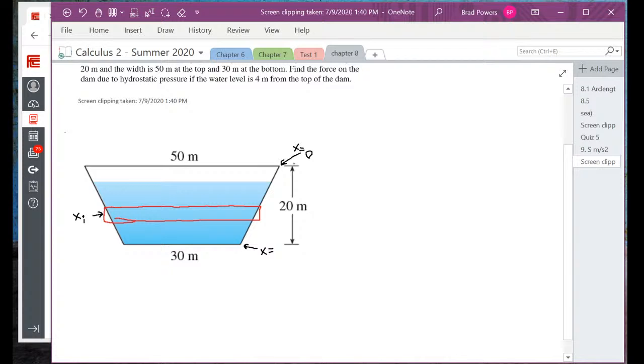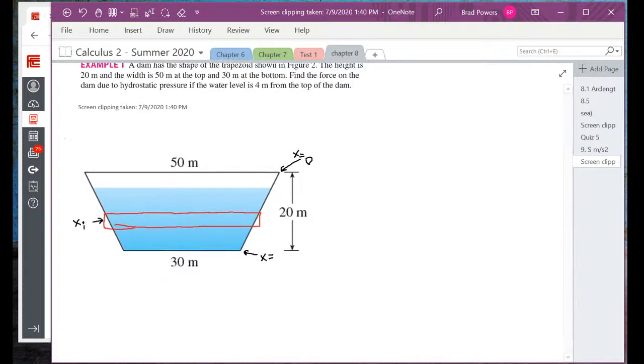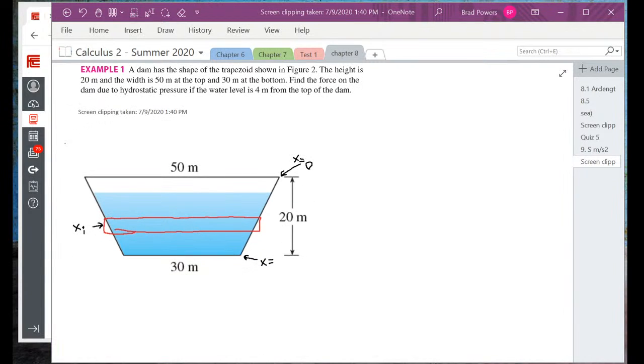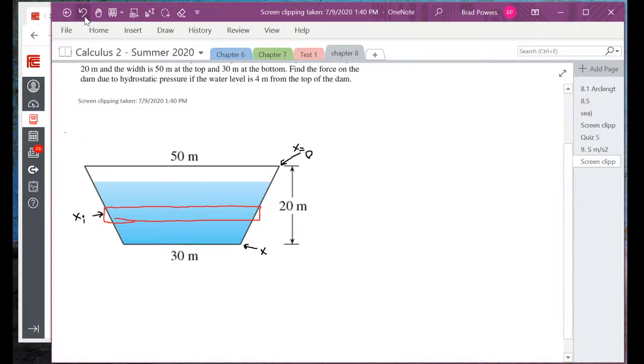Well, actually, maybe I want to put my x equals 0 a little bit below. I don't want x equals 0 right there. Oops. Let's put x equals 0 right here, because obviously there's no pressure being put on the dam up here. There's no water. There's no hydrostatic pressure.